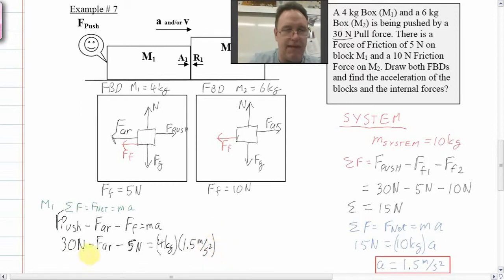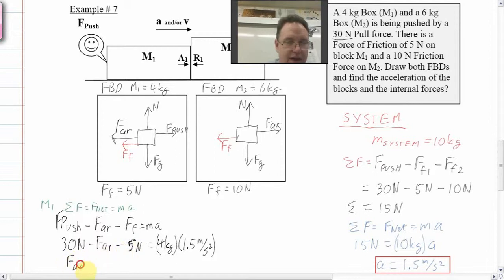So the action-reaction is going to equal 30 minus 5 minus 6, and that looks like 19.